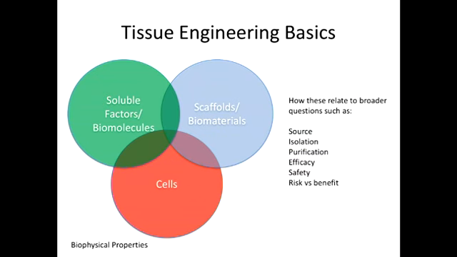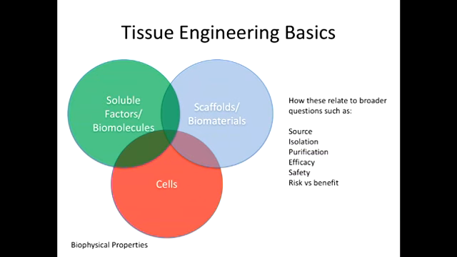You took some cells, you added some soluble factors, and you put them in a scaffold and transplanted them. And we knew that there was some importance of biophysical properties, so the scaffold had to be similar to the tissue type you were transplanting it into, and you could, using some bioreactors, introduce some biophysical properties before you introduce the cells in vivo.